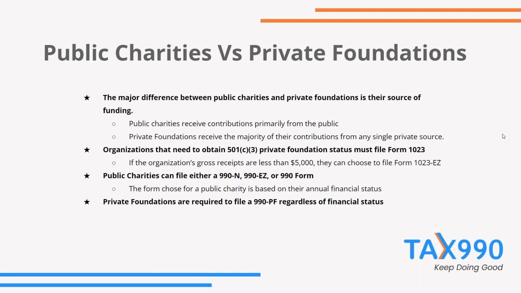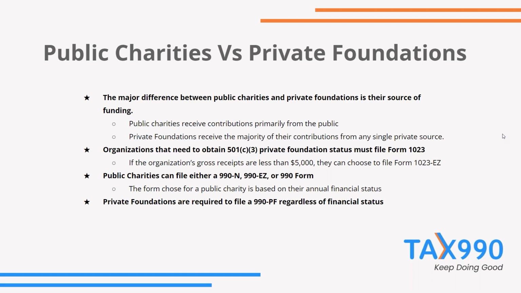As mentioned, you'll want to reference your determination letter, as that is what will clearly indicate if your organization is considered a private foundation. If it does not say private foundation or 990-PF anywhere on your determination letter, then you're likely a public charity.